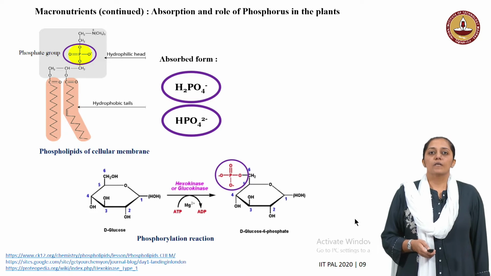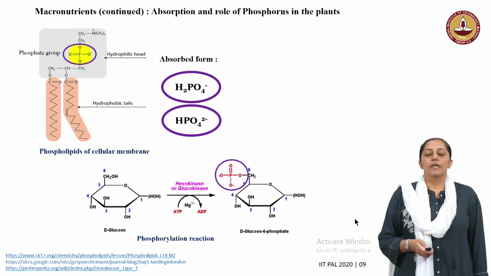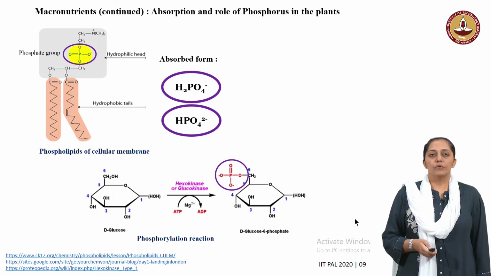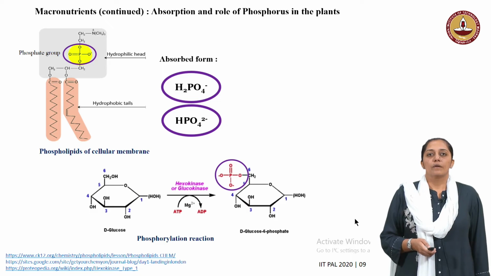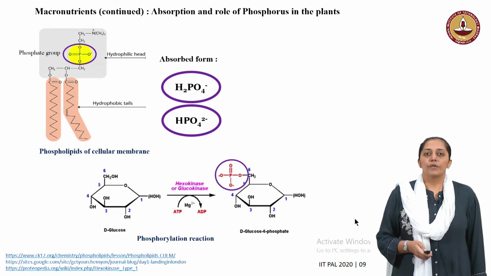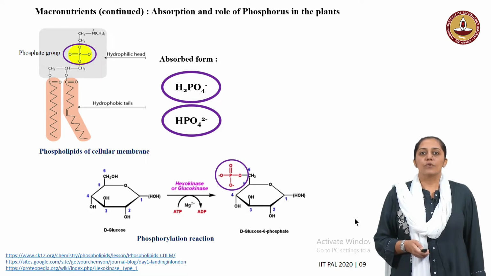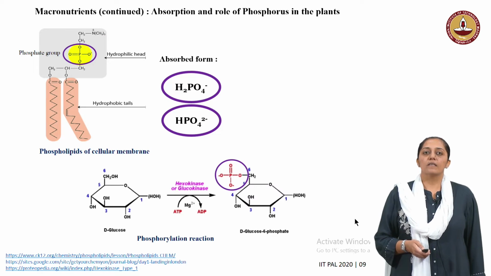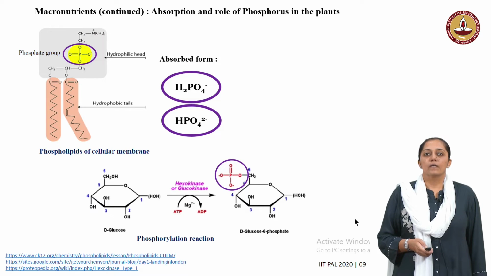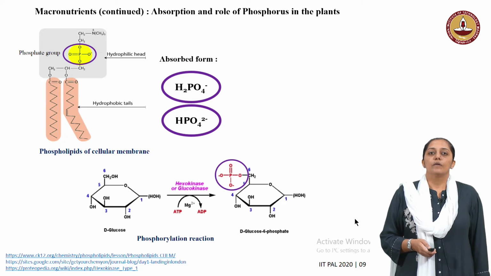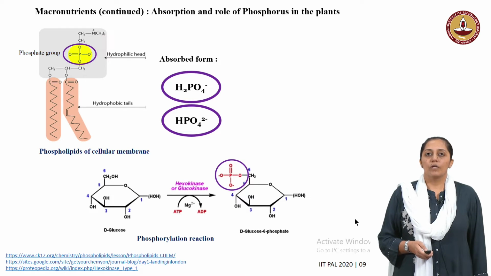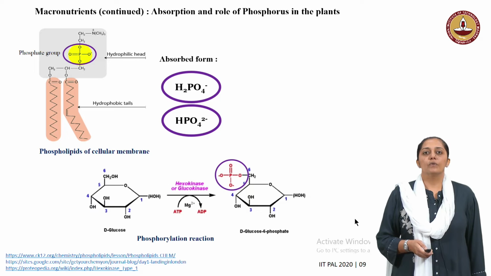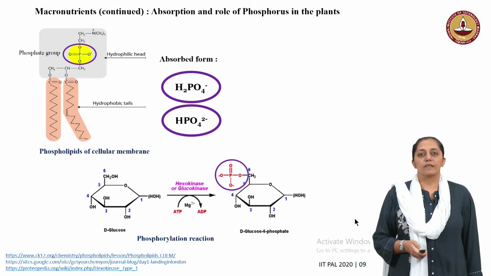So, phosphorus is also involved in biochemical reactions involving addition of phosphate groups. An example is shown here where hexokinase or glucokinase is involved in the addition of a phosphate group to D-glucose molecule, converting it into D-glucose 6-phosphate.